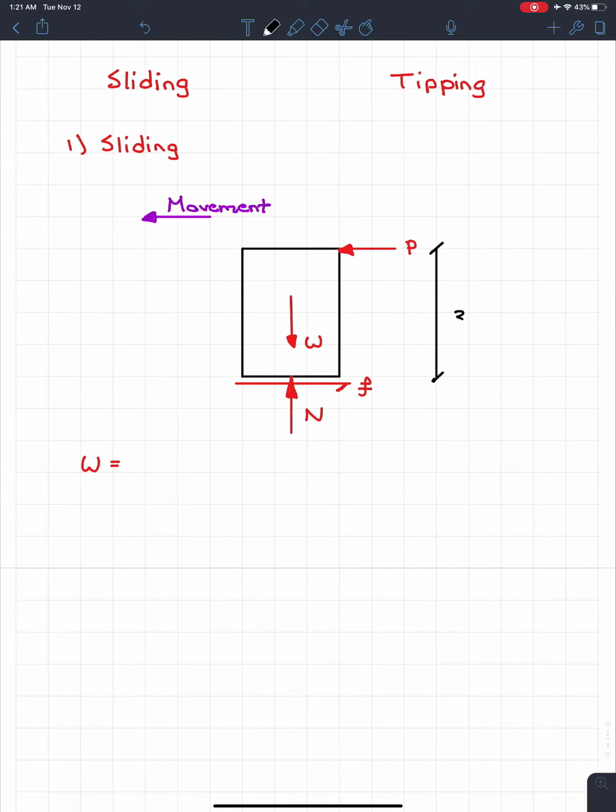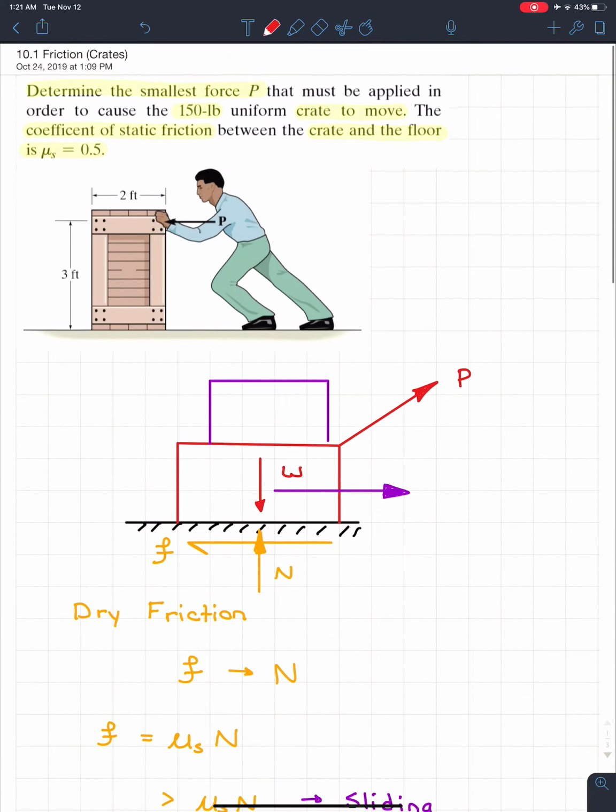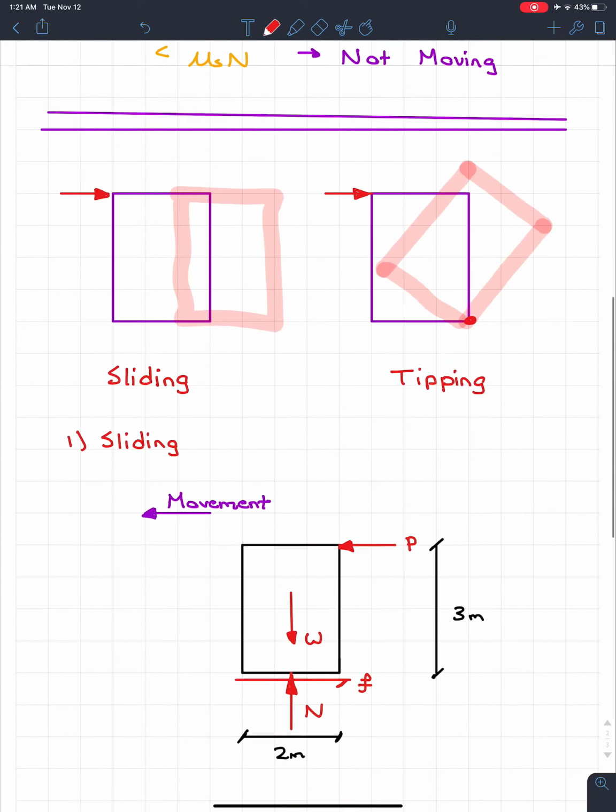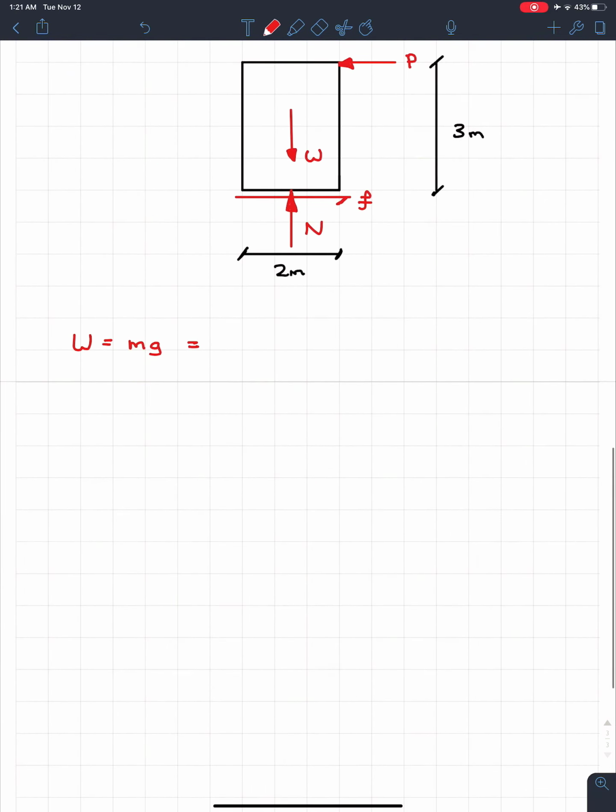So this one's going to be 3 meters, and the base of this is 2 meters. Something like this. And I'm going to erase the W and move down a bit so I don't run out of room. The weight, we know, is going to be mass times gravity, and gravity is a constant, so all we need is the mass. But the question was so nice to give us the mass as 150 kilograms. So coming down here, the mass we're going to have is 150.